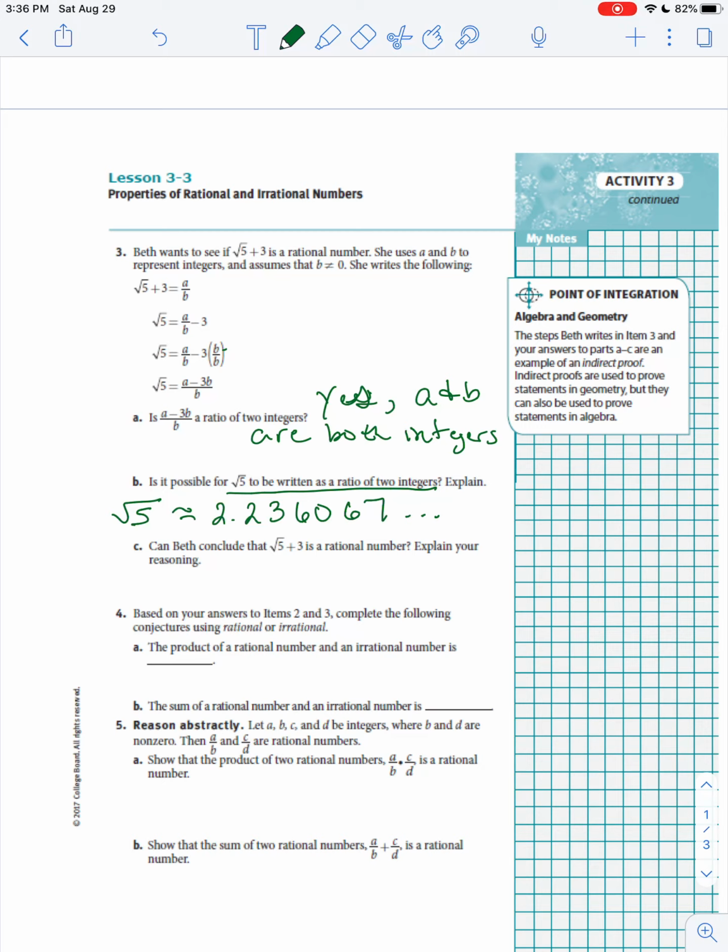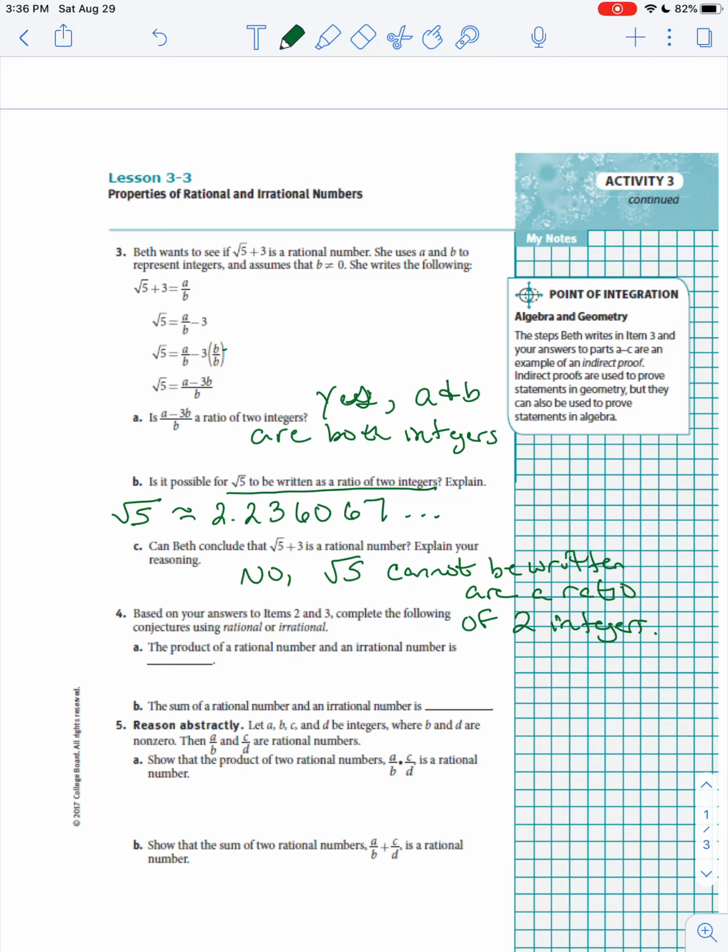I mean, it just keeps going and it doesn't repeat. So we are not going to be able to write root 5 as the ratio of two integers. So we're going to have to say no, because the square root of 5 cannot be written as a ratio of two integers.